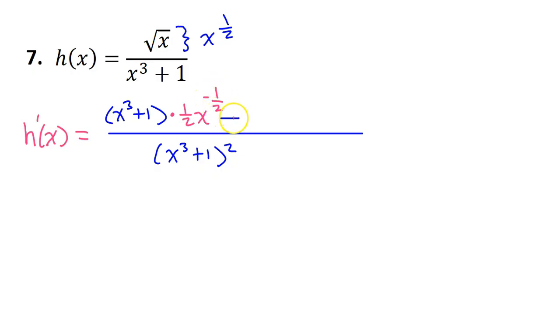That was our power rule. Less high d low. High is just the numerator, x to the 1/2 power. D low is the derivative of the denominator. The derivative of x to the 3rd power is 3x squared. And the derivative of 1 is 0.